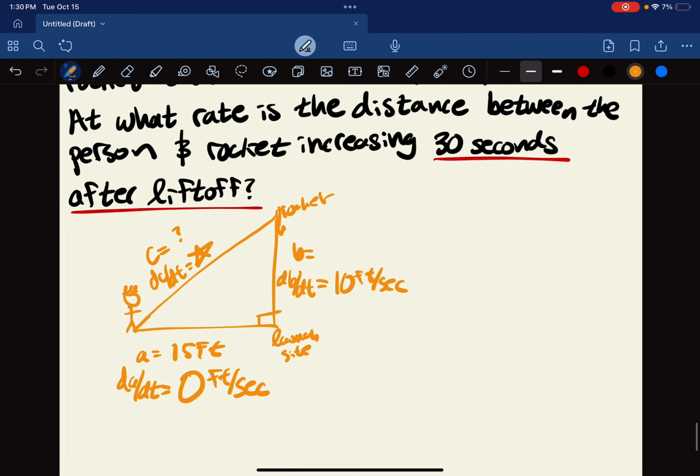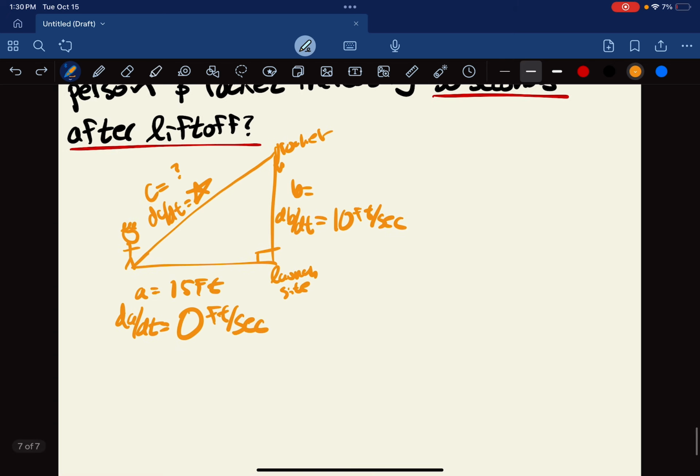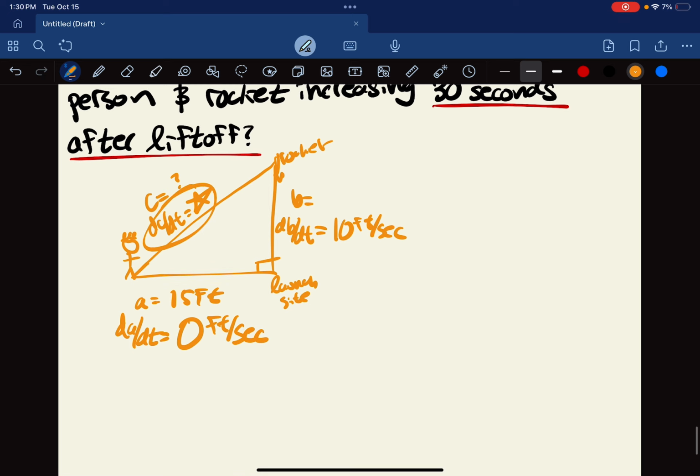So we'll put a star next to that. Now let's make our instance triangle, which we will do in red here. Or actually, first, let's take the derivative of this. We're going to need to figure out dc dt, right?